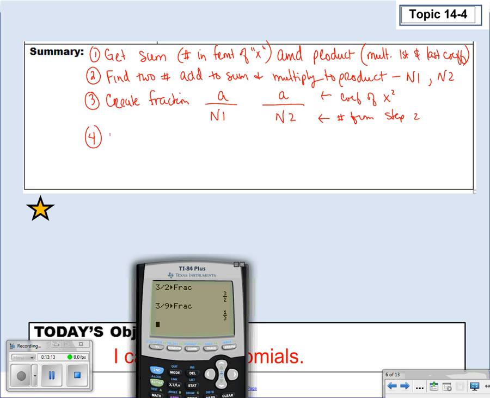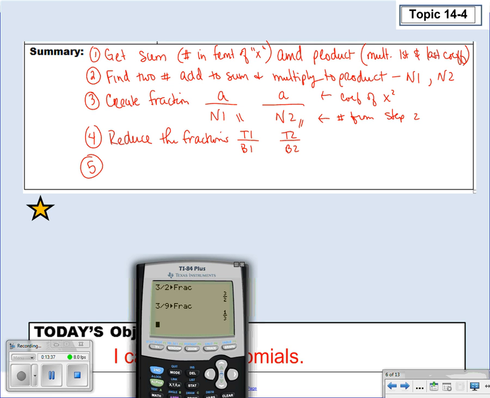Step 4, we reduce the fraction. So we have a top 1 and a bottom 1, depending on how that reduced. And then a top fraction of 2 and a bottom fraction of 2, depending on how that reduced.